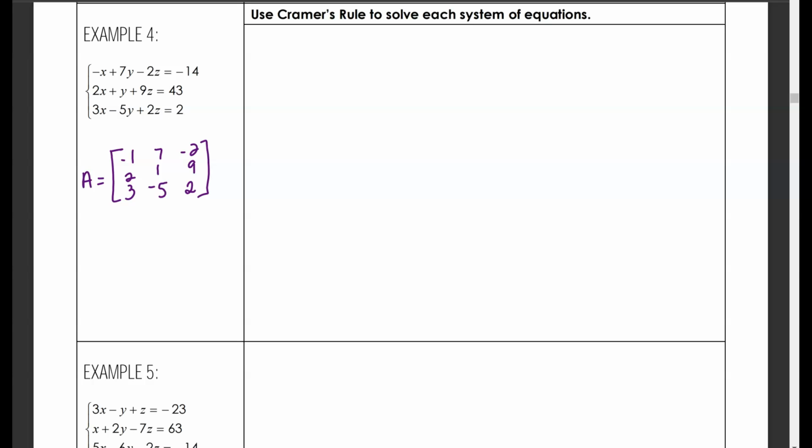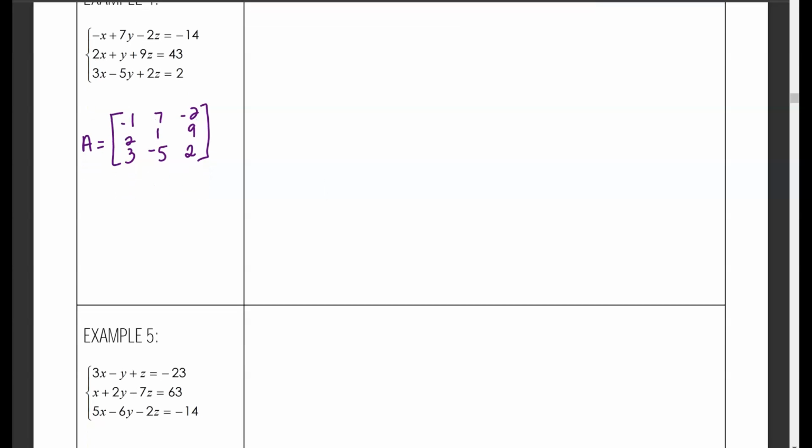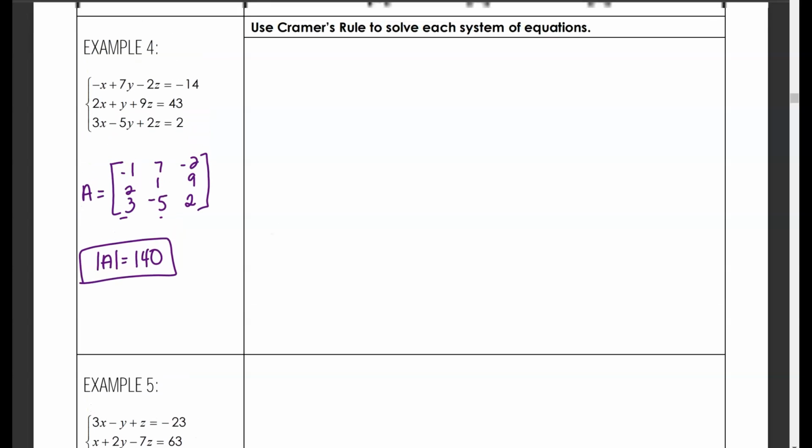Let's calculate that determinant. Remember, to calculate it you take the first 2 columns and write them to the side. But I'm going to tell you right now that the determinant for this one is going to be 140.